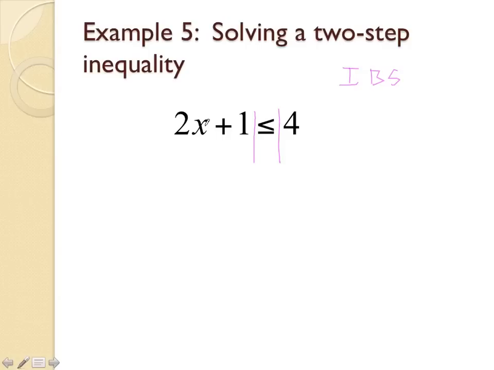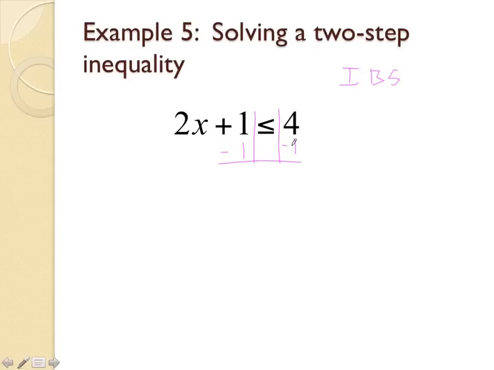All right, I'm always starting on the same side of the inequality sign as my variable, and I'm starting with my friends. So I'm going to do inverse balance solve with my friends. So I have a positive 1. Well, the opposite would be -1. All right, I'm going to subtract 1. What I do to one side, I have to do to the other. So I'm going to do -1 here.